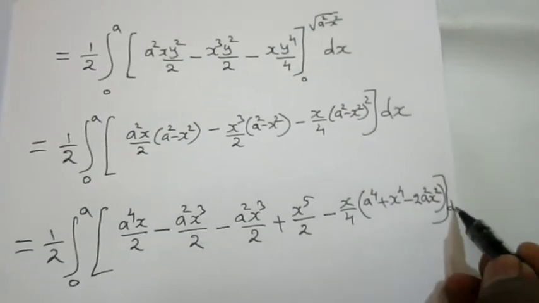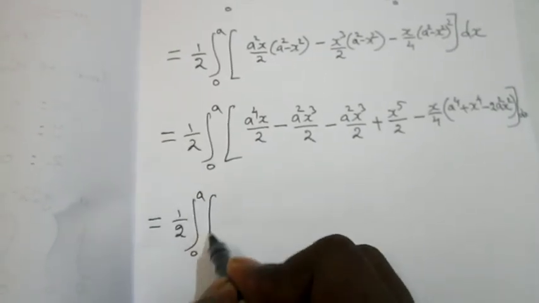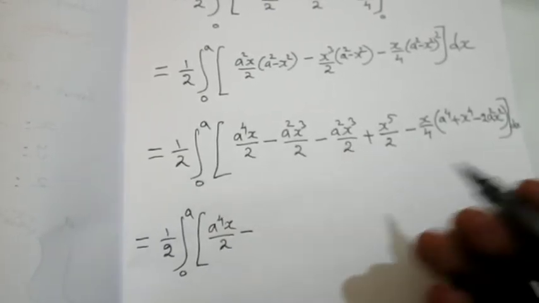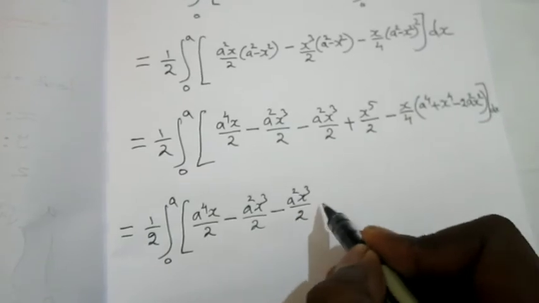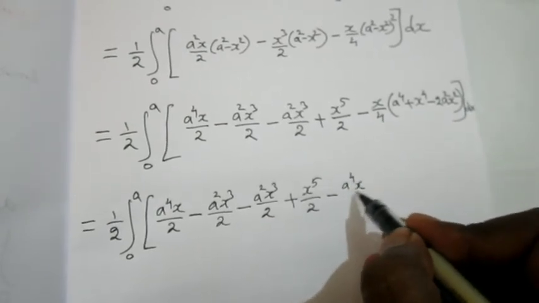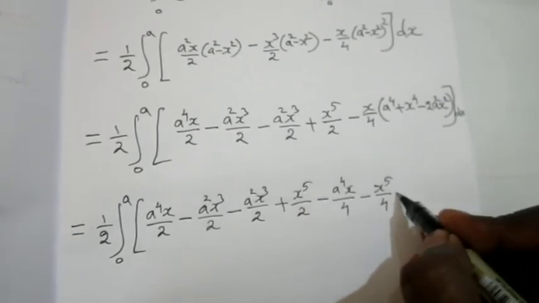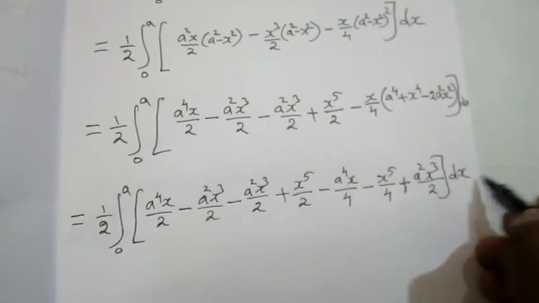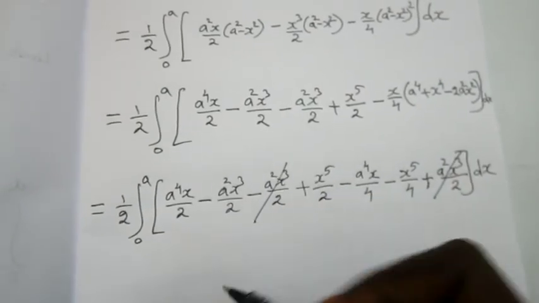Further simplifying: a⁴x/2 minus a²x³/2 minus a²x³/2 plus x⁵/2, minus a⁴x/4 minus x⁵/4, plus a²x³/2, dx. Now the a²x³/2 terms cancel.